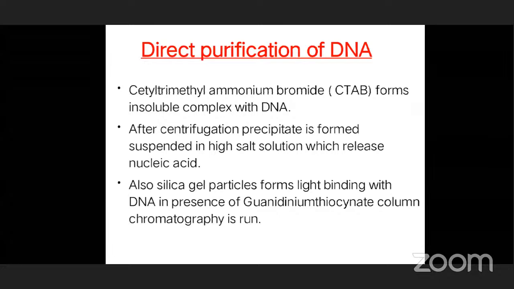Second is RBC lysis buffer, containing 10 millimolar potassium bicarbonate, 0.15 molar ammonium chloride, and 0.1 millimolar ethylenediaminetetraacetic acid. Instead of these chemicals, you can directly use distilled water. This distilled water ruptures the RBC membrane for the removal of RBCs.